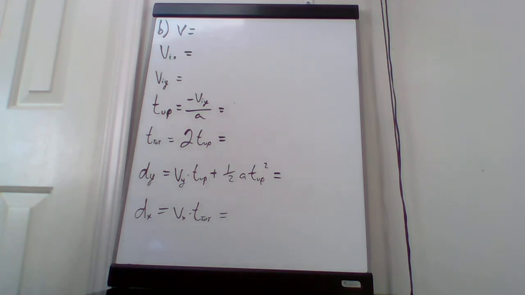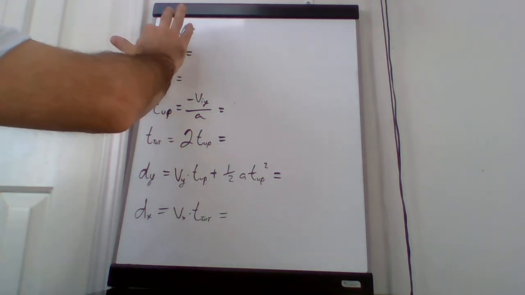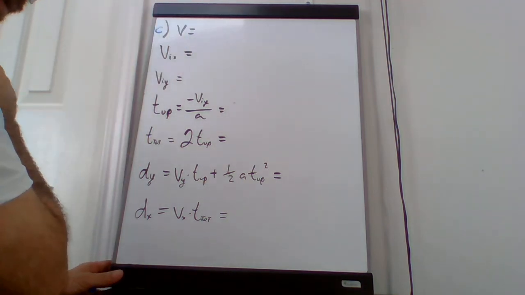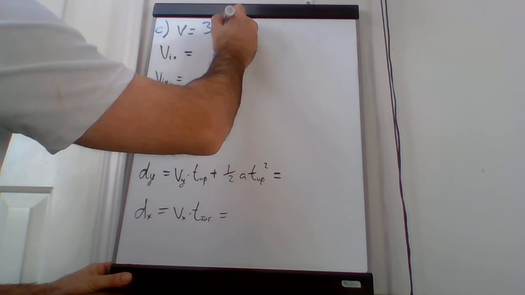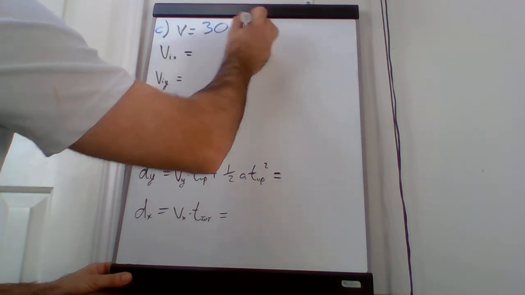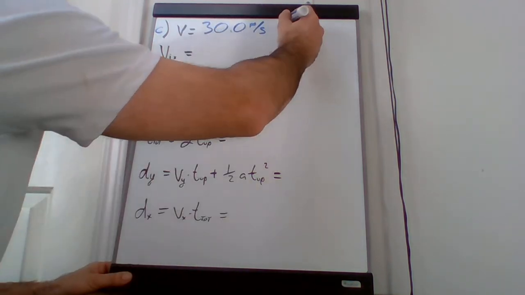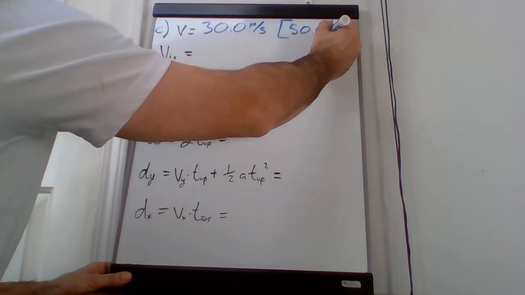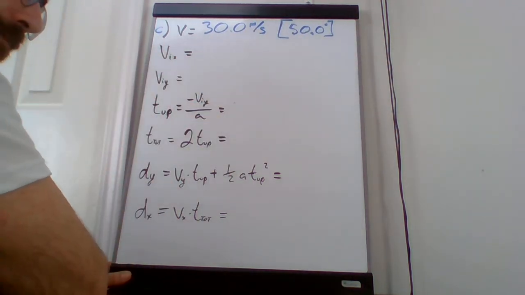All right, last example, we're going to take a look at 2C, where we are given that initial velocity of 30 meters per second at an angle of 50 degrees.